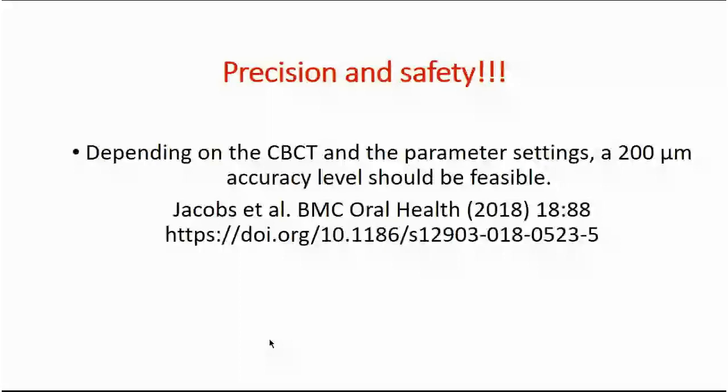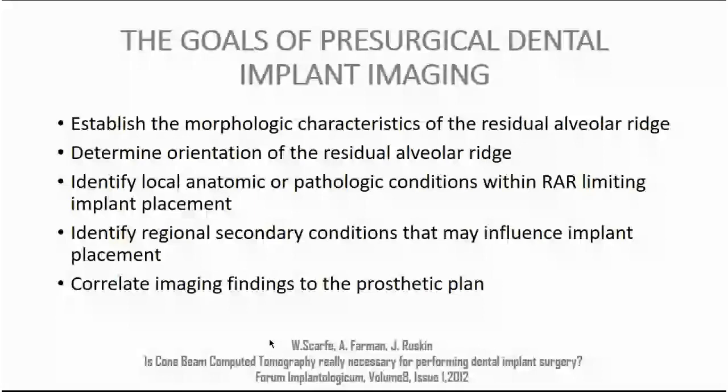One of the latest reviews of the literature in implantology is telling us that depending on many parameters, we should, after all, have a precision of, let's say, a fifth of 1 millimeter. If we consider any kind of clinical action that we really do, a precision that high is really acceptable, and more than acceptable and satisfying for us.